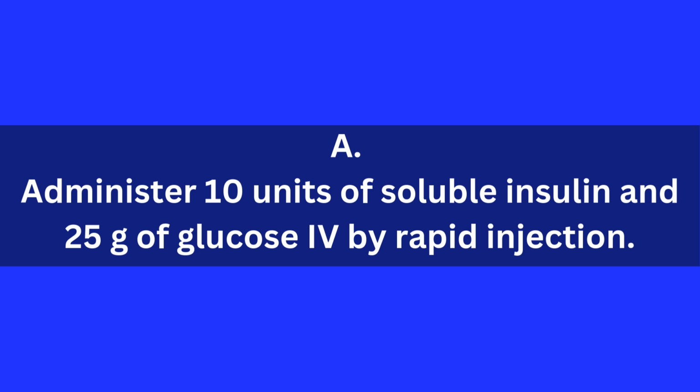But here is the thing, while this treatment is effective, it takes time to work. In the context of cardiac arrest, we don't have time to wait for the insulin to take effect. Our priority is to protect the heart immediately, and that's where calcium comes in. This option is useful but should follow the initial step of stabilizing the cardiac membrane.